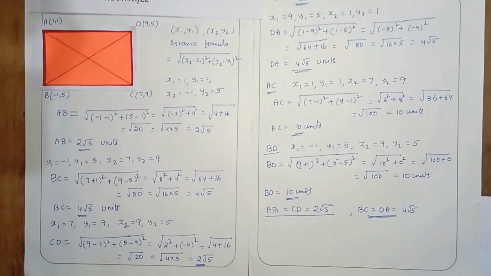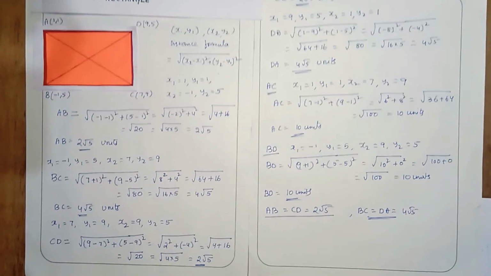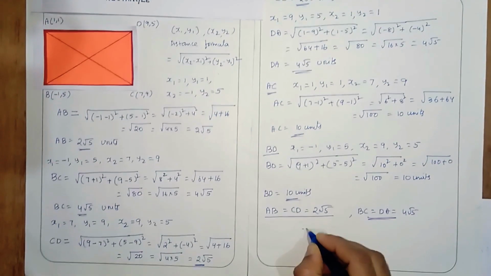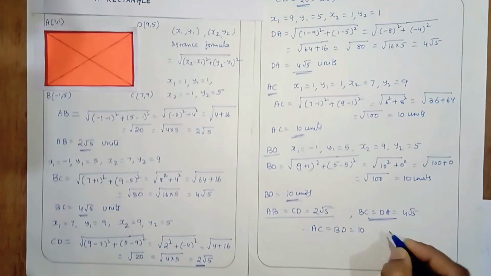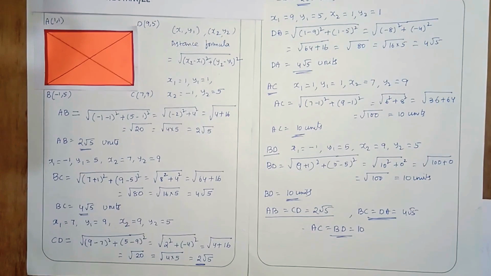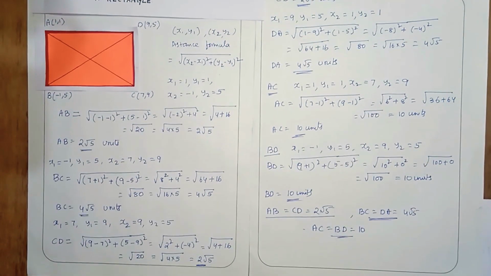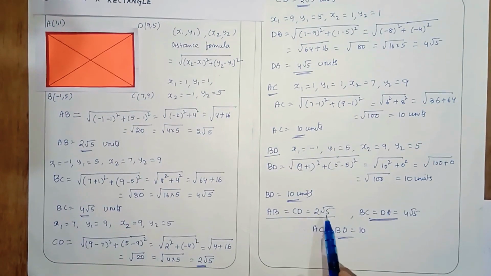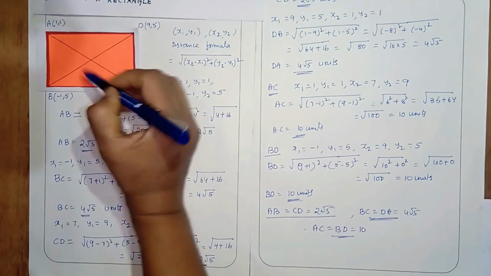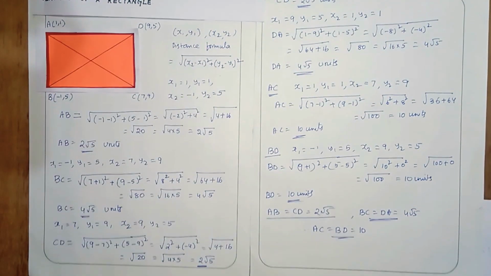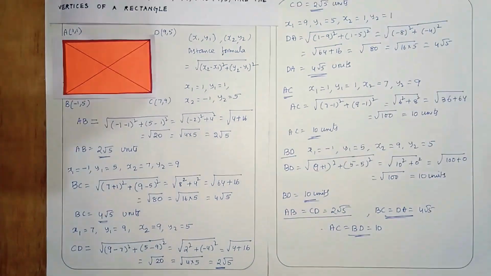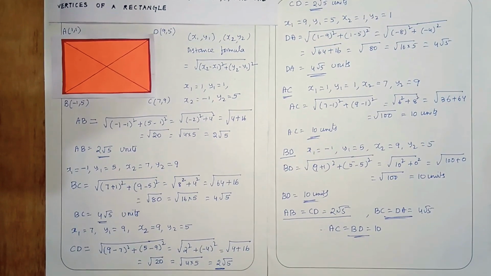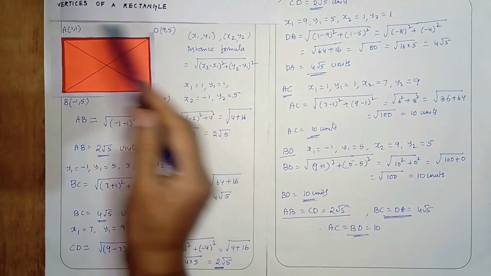And the diagonals AC and BD have equal lengths of 10. Here we have obtained a quadrilateral whose opposite sides are equal and two diagonals are equal. Hence the given points form a rectangle.